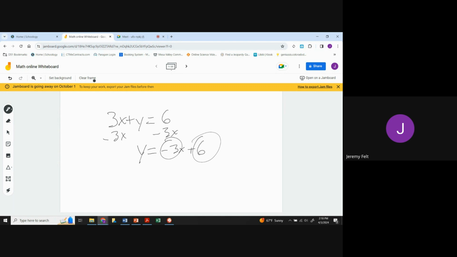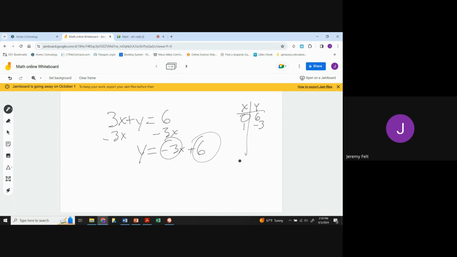Okay, and then once we have it there, example 2 wants us to graph it. Okay, we could do our x-y table. 0 for x, -3 times 0 is 0, plus 6. That's our y-intercept. Then 1, -3 times 1, that's -3 plus 6, is 3.